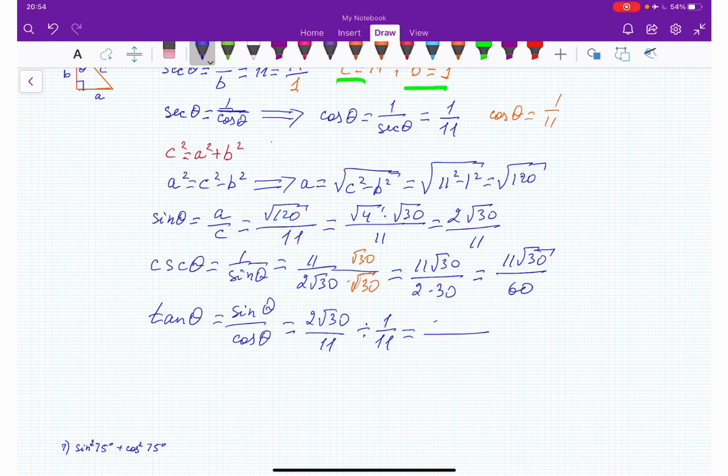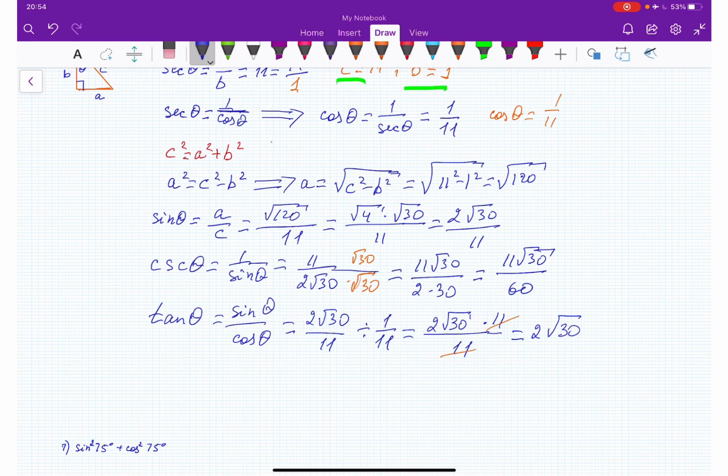And we get 2 square root 30 times 11, also divided by 11. We cancel and we get 2 square root 30.